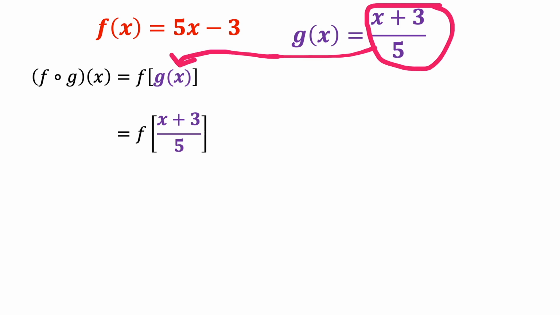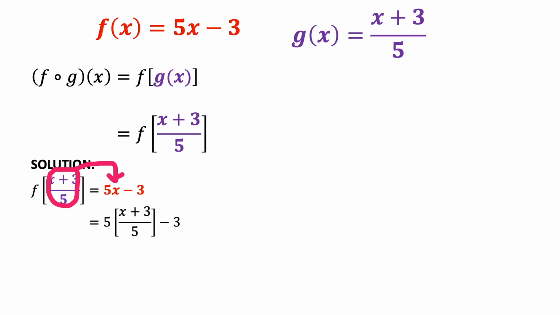Now, f of x equals x plus 3 all over 5 means that we need to substitute it to each x variable in the equation of f of x. There is only one x in the equation, therefore we will have 5 multiplied by the quantity x plus 3 all over 5 minus 3.